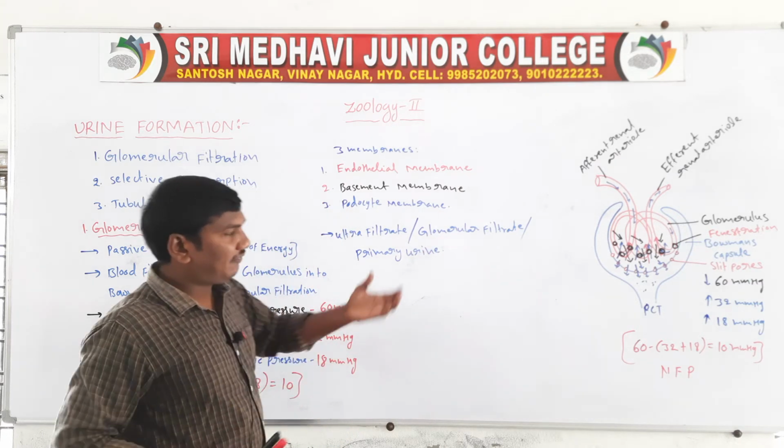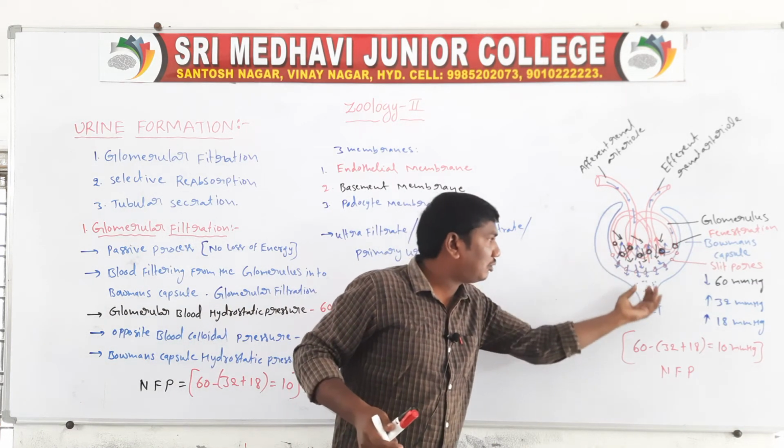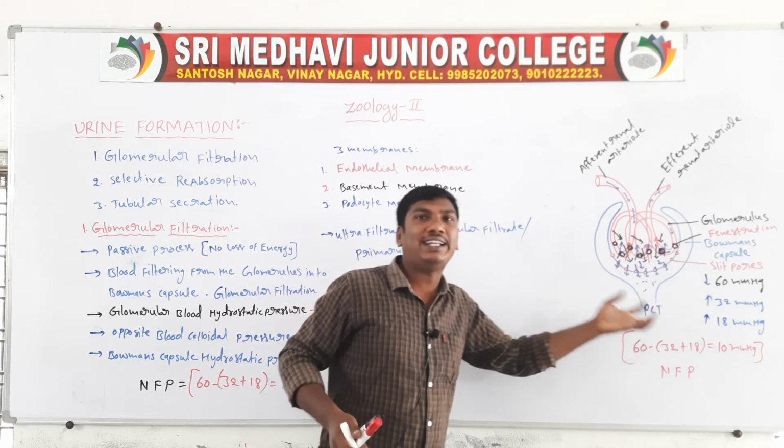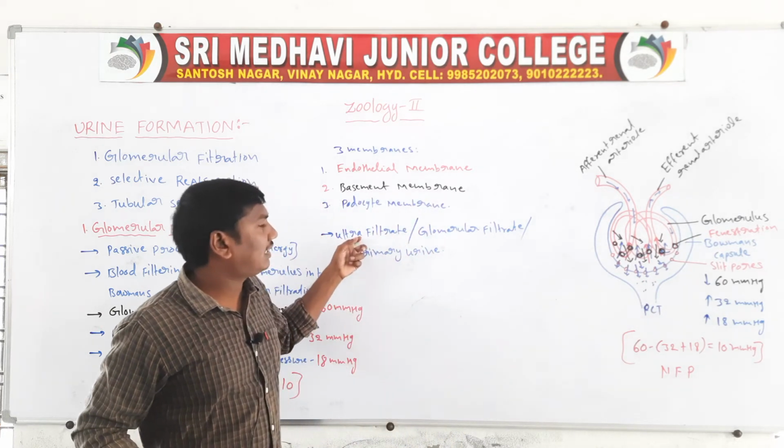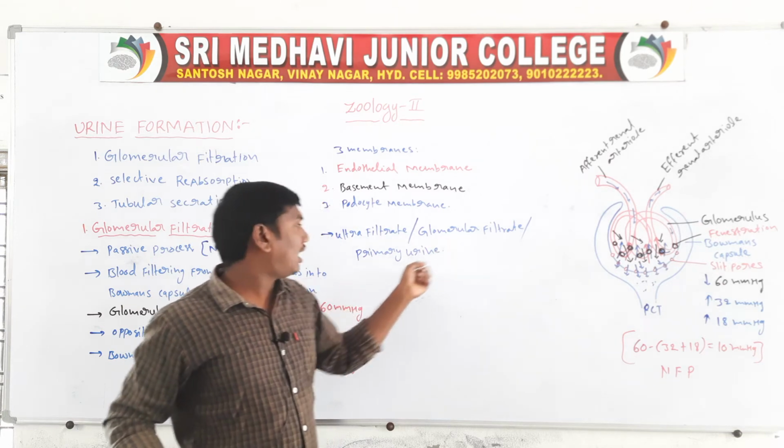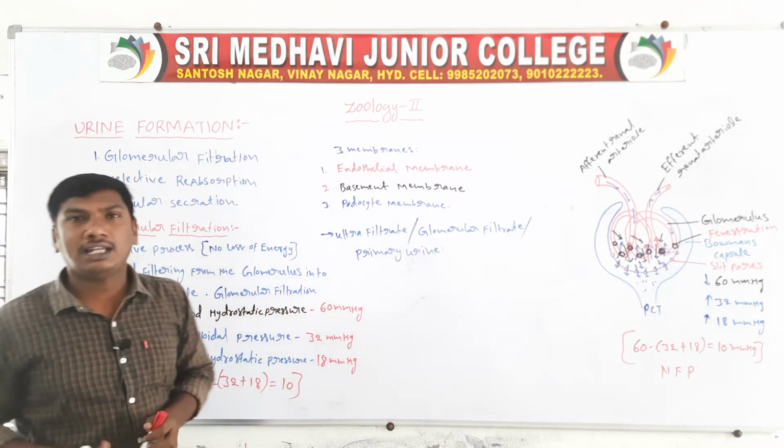The fluid filtered from the glomerulus into the Bowman's capsule is called ultrafiltrate, glomerular filtrate, or primary urine.